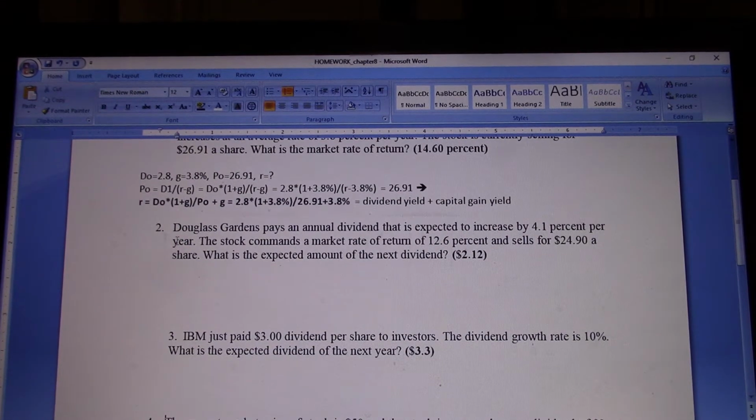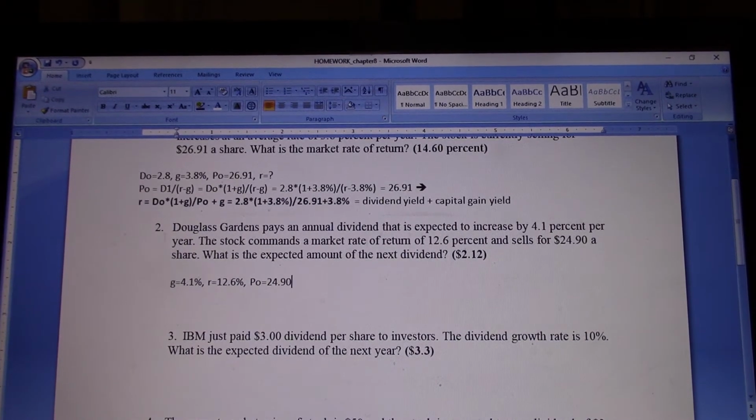Okay, the second question. The dividend is increasing by 4.1% per year. That's G, given as 4.1%. The stock return is 12.6%, and the stock price is $24.90.